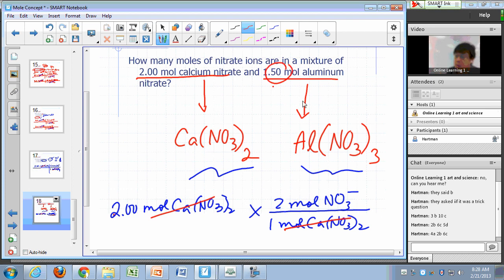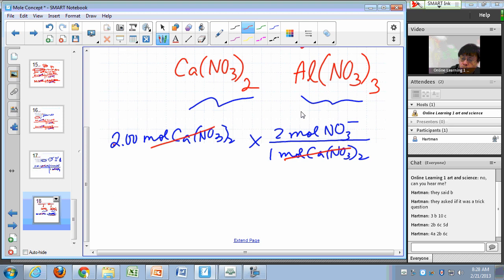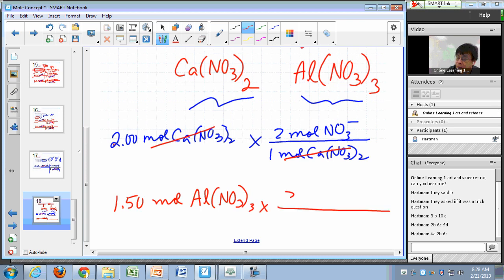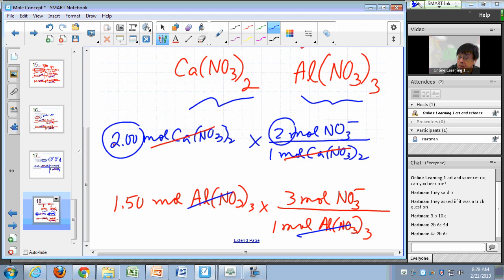So you say 1.50 moles of aluminum nitrate times 3 moles of nitrate for 1 mole of aluminum nitrate. So moles of aluminum nitrate cancels out. So 2 times 2, that's 4. 1.5 times 3, that's 4.5.